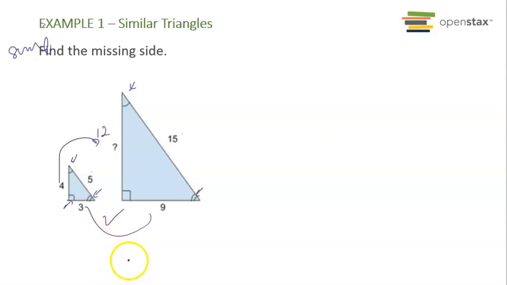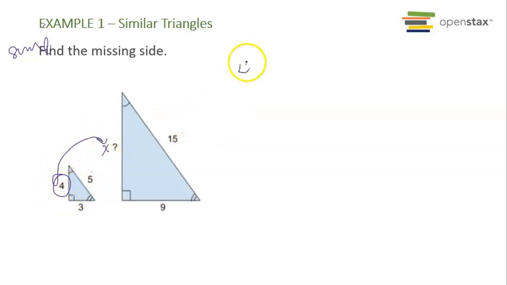So what you want to do, and there's a couple of different ways you can do this, but this is the way that I think is easiest. I think about that corresponding parts of congruent triangles being congruent, kind of like that same idea. I say, oh, I'm looking for this side. This lines up with the 4. So the 4 lines up with the x, which means, let me use the 3.